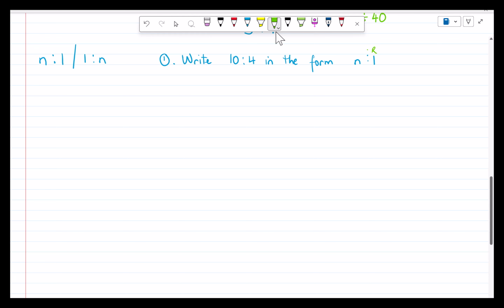I'll call this the right side and I'll call this the left side. So we're given the ratio of 10 is to 4, and we want to put it in the form of n is to 1. That means we have to have a 1 on this side where we have a 4, and to do that we are going to divide by 4.